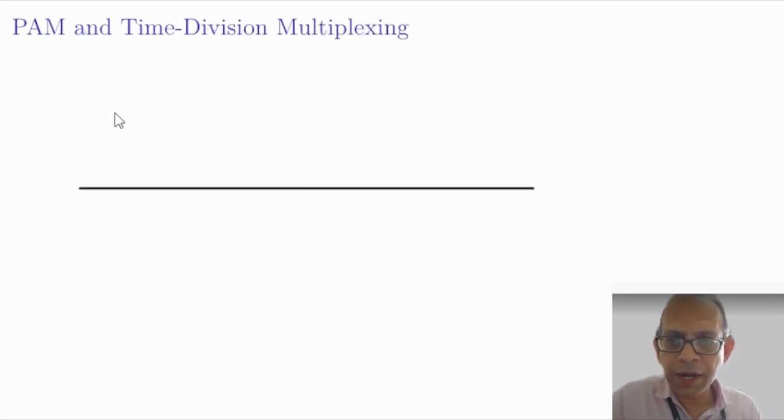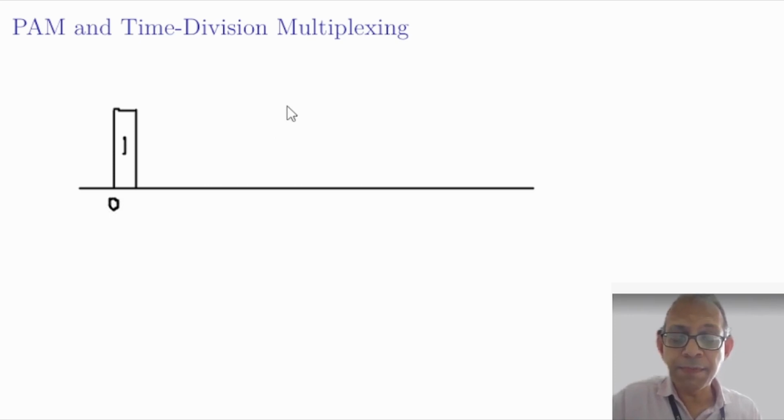Suppose we are transmitting the samples of a signal, and one practical way of sampling is flat top sampling, also called pulse amplitude modulation. Suppose we transmit the first sample of our message signal, let me call it 1, at instant 0.